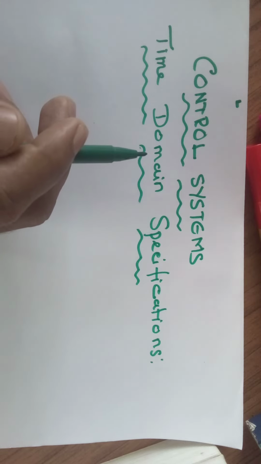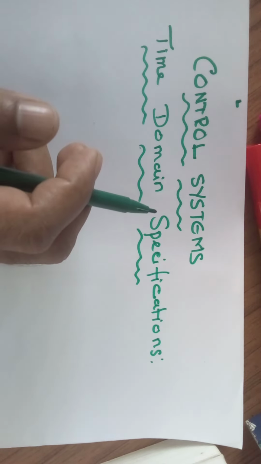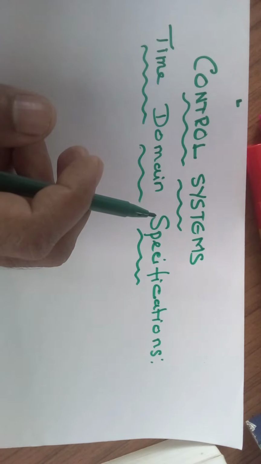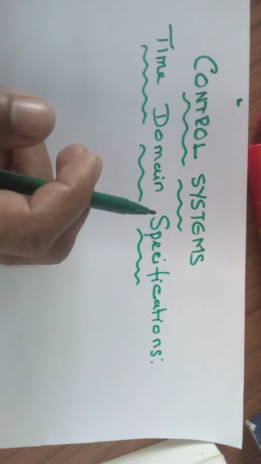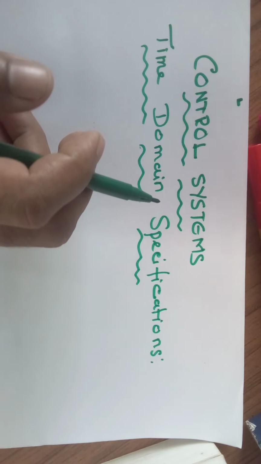Transient response means the response of the system will not come to a steady state immediately, but it will take some time to reach the steady state response.